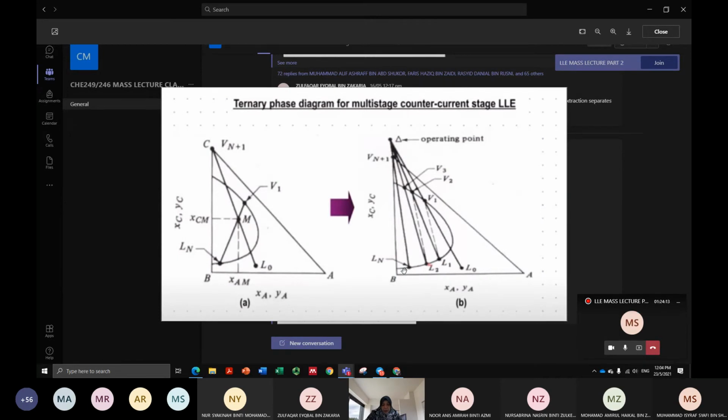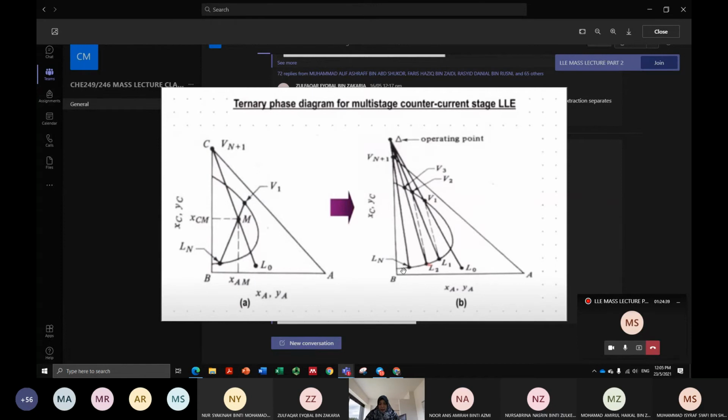But once it reaches the left of Ln, you stop. Then you calculate how many stages you can have. That will represent the number of stages for the multi-stage counter current LLE.